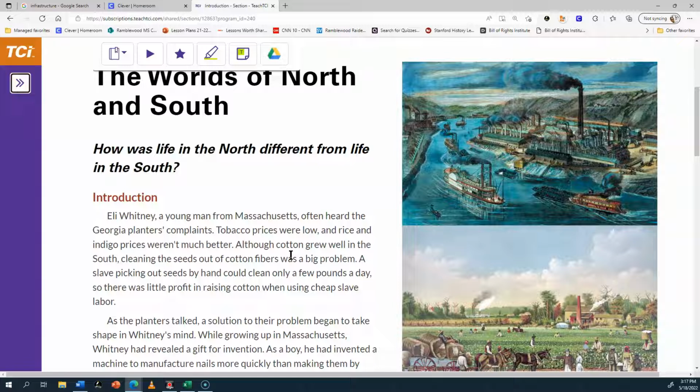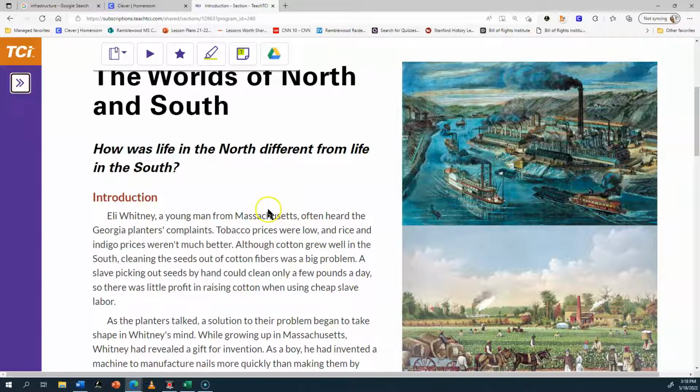Good, it was faster than 10 slaves could do all day. One slave could do the work of 10 slaves, okay? So it's a machine that replaces workers, and it pulls the seeds out and cleans the cotton. So this allowed for more cotton to grow because it was easier to grow it.